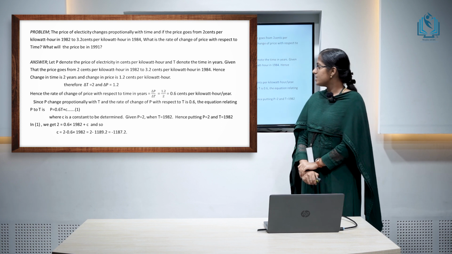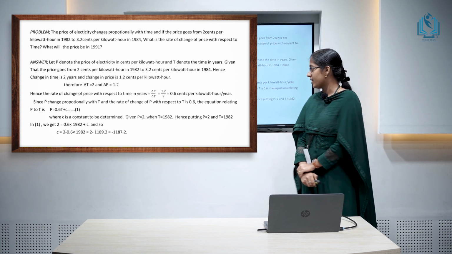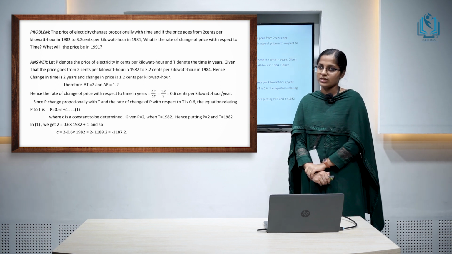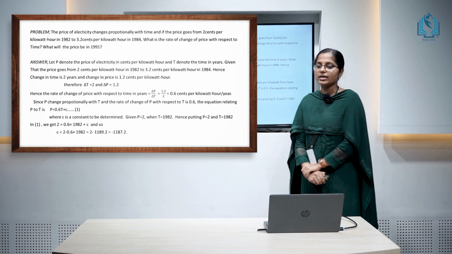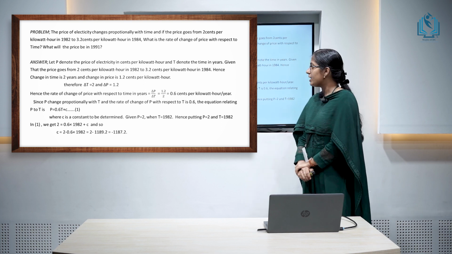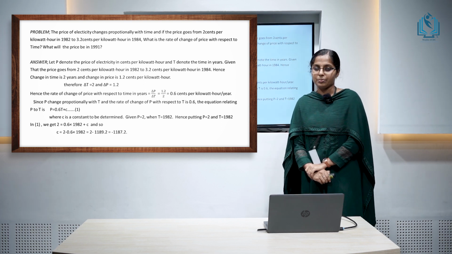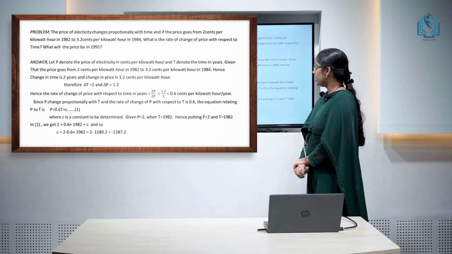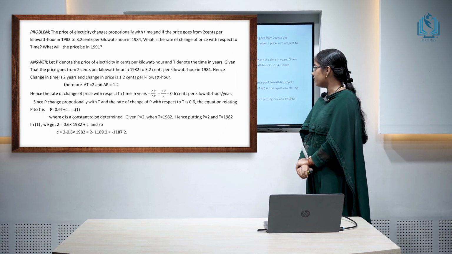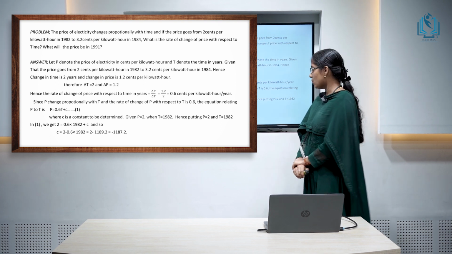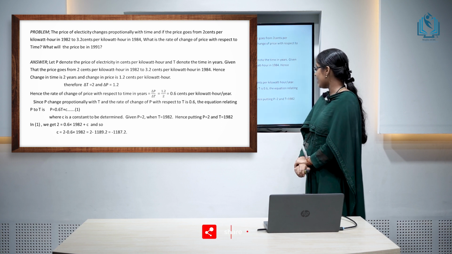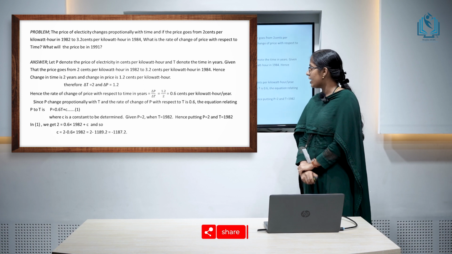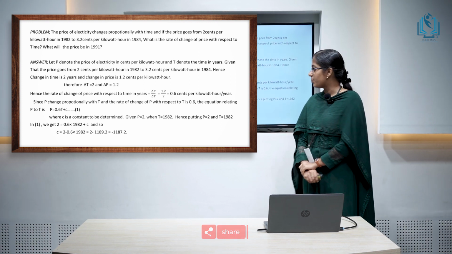Since P changes proportionally with time and the rate of change of P with respect to T is 0.6, the equation relating P to T is P equals 0.6 T plus C, where C is a constant that must be determined. Given P equals 2 when T equals 1982, we substitute these values in equation 1 and get C equal to minus 1187.2.